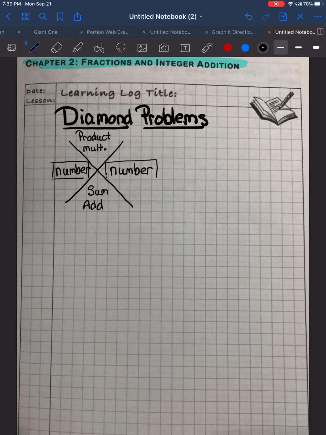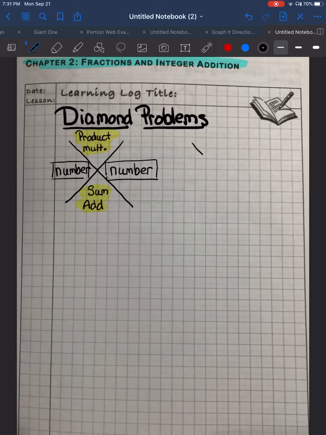That's why I put number here. And then those two numbers we use together to multiply to make the number at the top. That's the product, right? Product means the answer to a multiplication problem. And then we take those two numbers and add them together to get the number on the bottom. That's the sum. So we're going to just do some examples here.